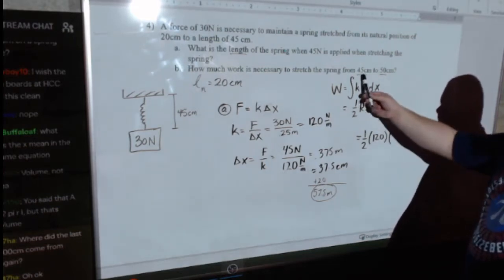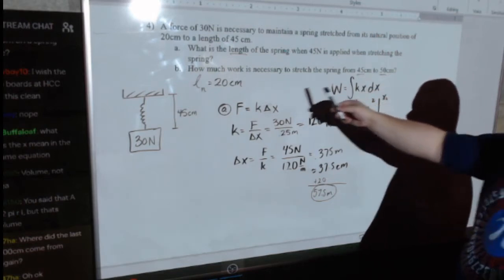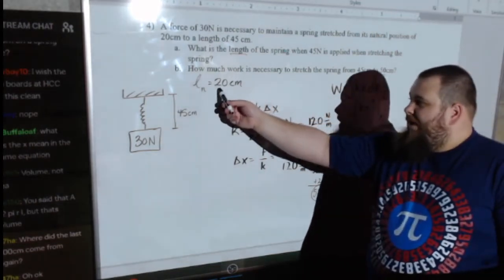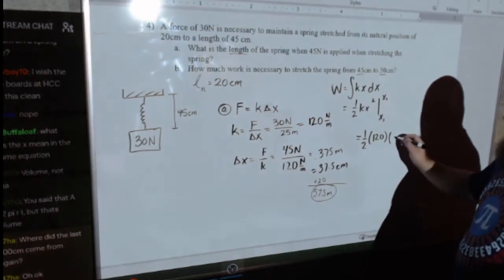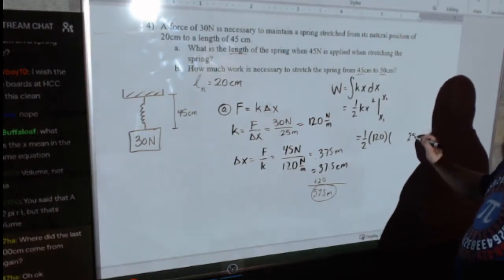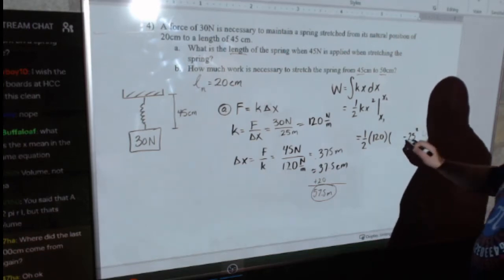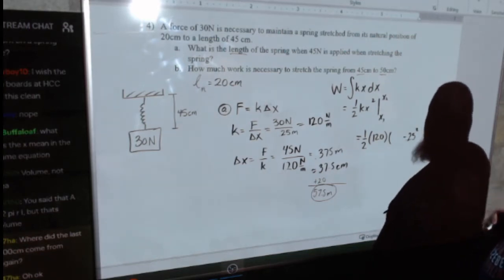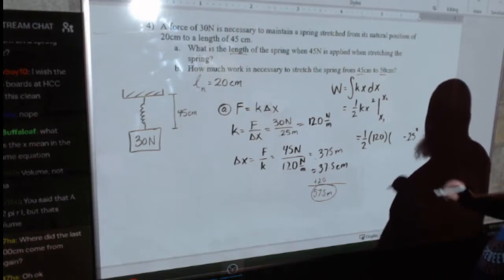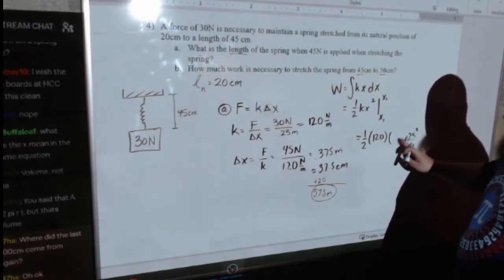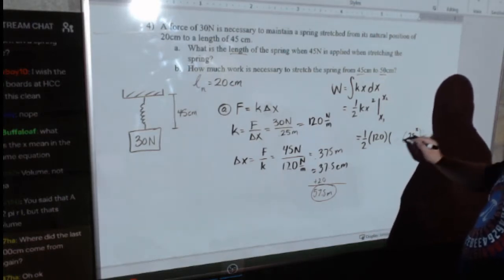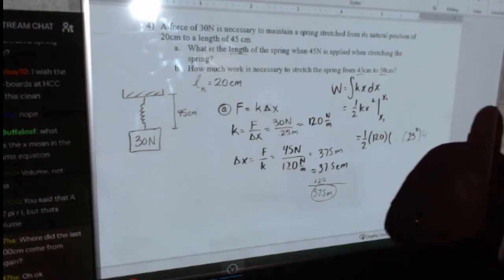So 45 centimeters is 25 away from the natural length, and again, we have to make this 0.25. Just rewrite it.